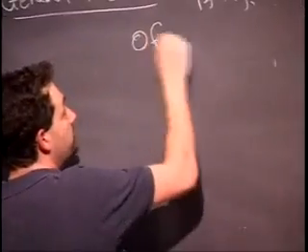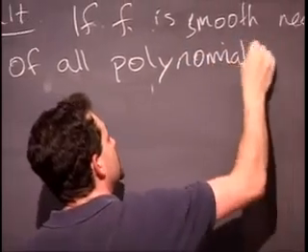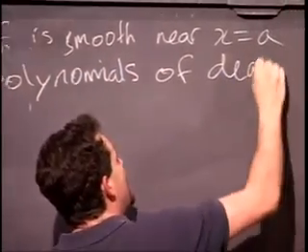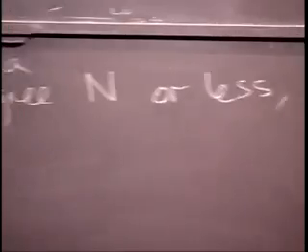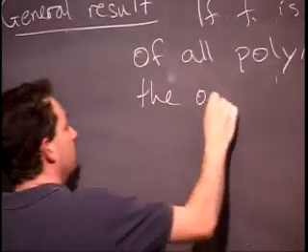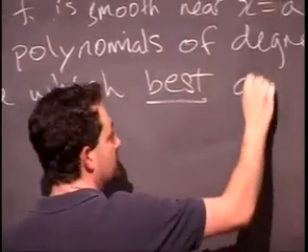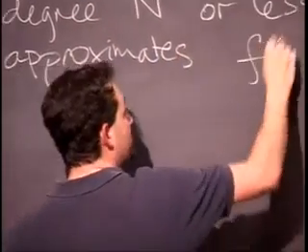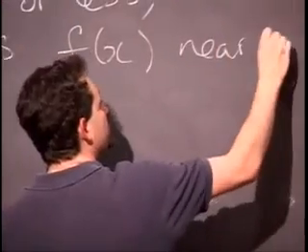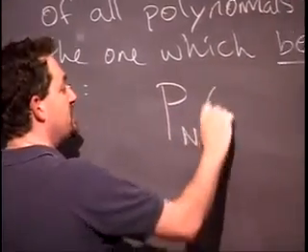Then, of all the polynomials of degree capital N or less, the one which best approximates, so there's no better approximation, your function f of x near x equals a is written P capital N of x.